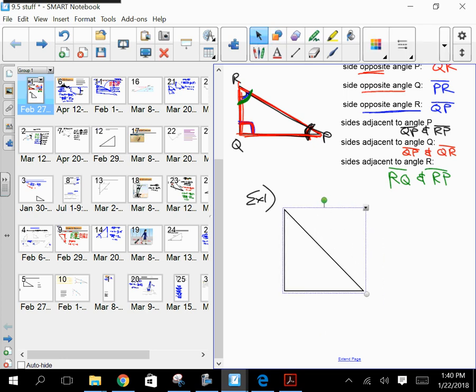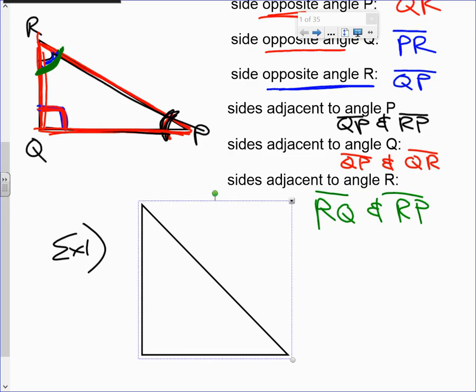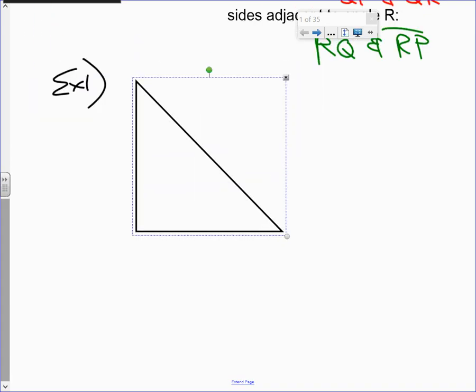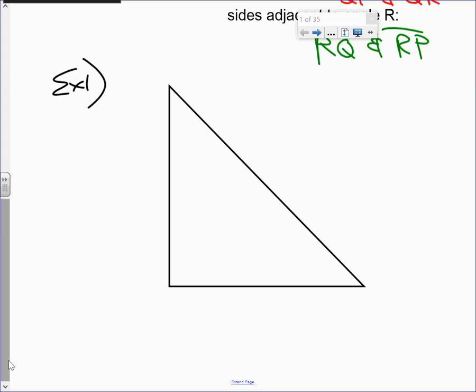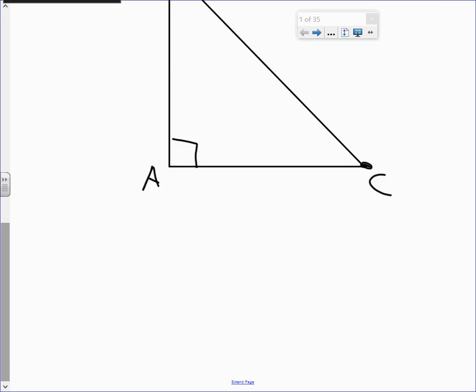There we go. So go ahead and give me another right triangle.